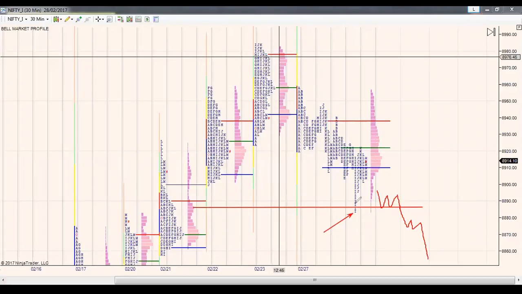If this rejection is good and smart money is actually accumulating in this zone, then in that case what will happen is we will open higher, and we have this whole area and today's thick area where many people have gone short because we are developing lower values each day.